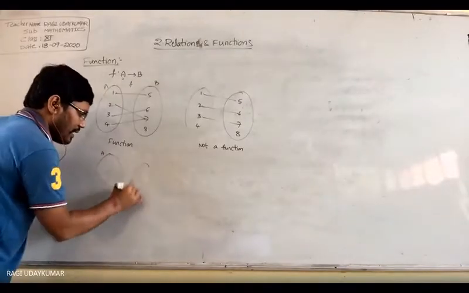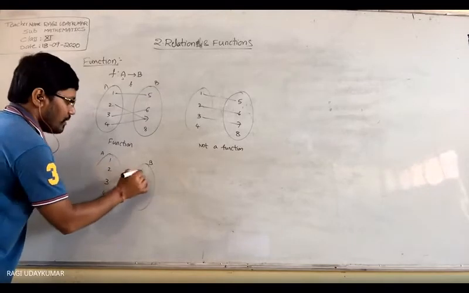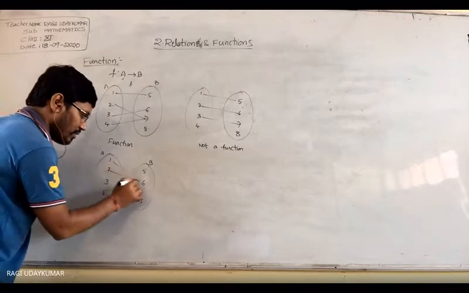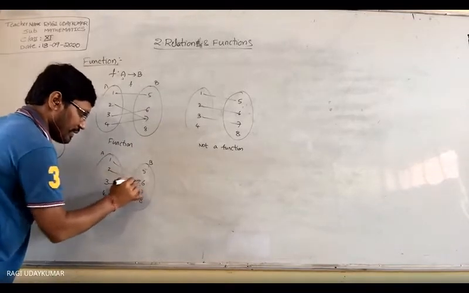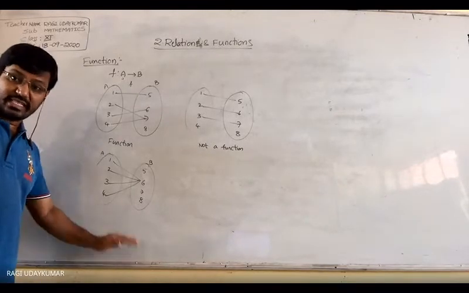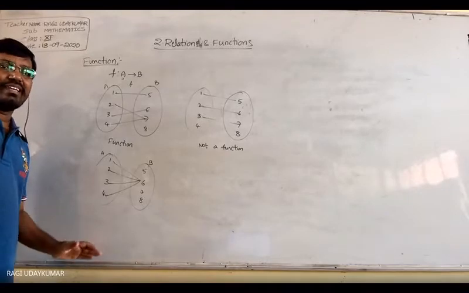This is A and this is B. Here 1, 2, 3, 4 and 5, 6, 7, 8. All are having the image 6 only. This is called a constant function. It is a function, and it is called a constant function.